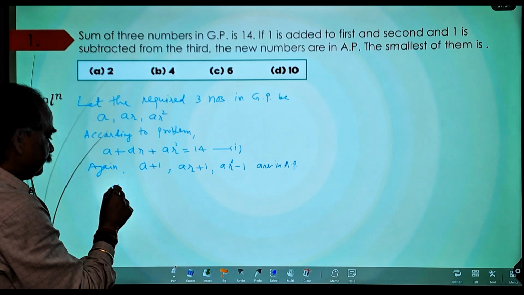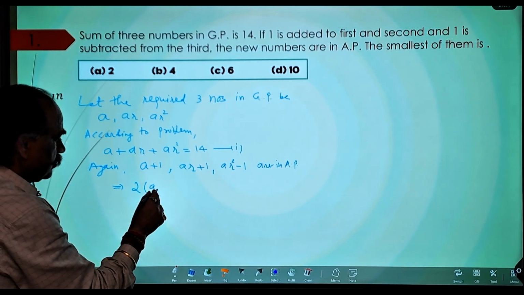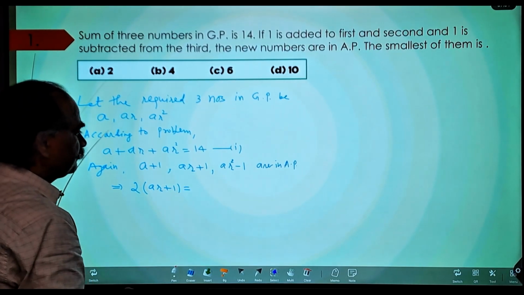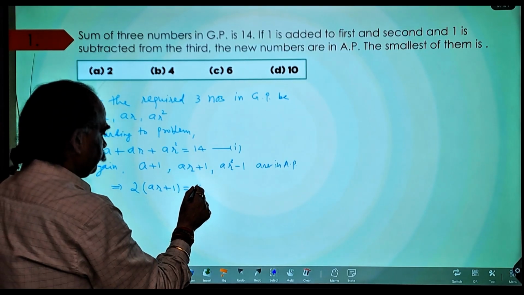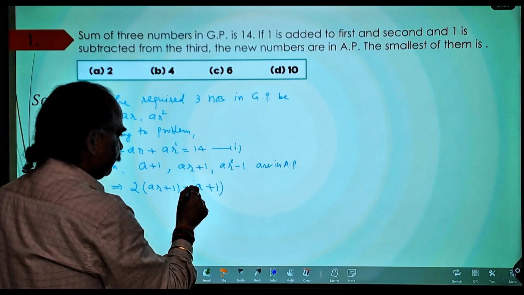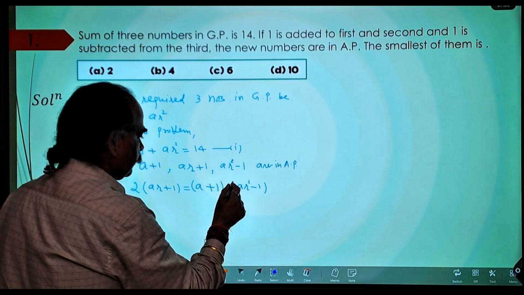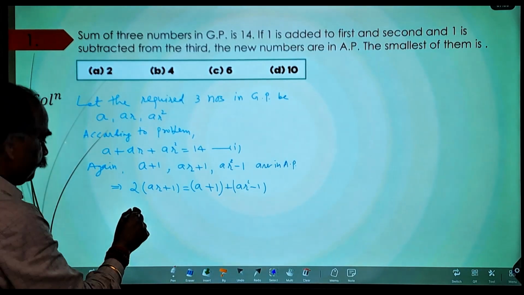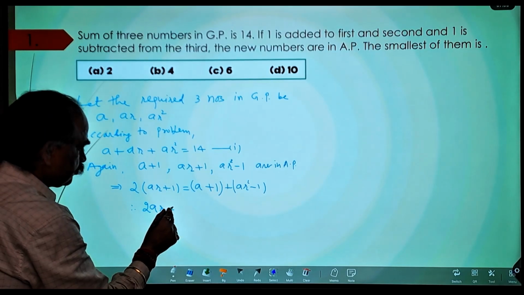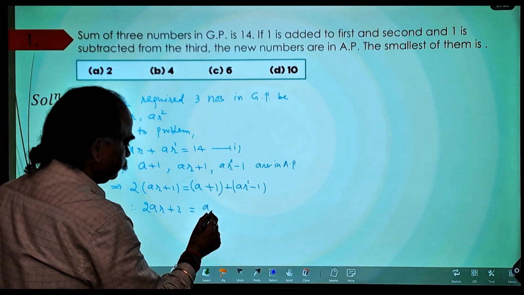So when they are in AP, 2 times the middle number is equal to the sum of first and last. 2 times AR plus 1 equals A plus 1 plus AR square minus 1. Therefore 2AR plus 2 is equal to A plus AR square.